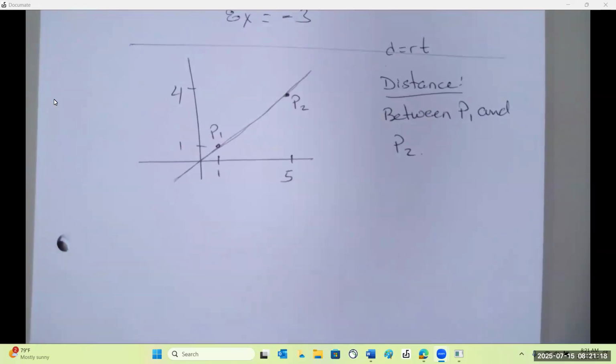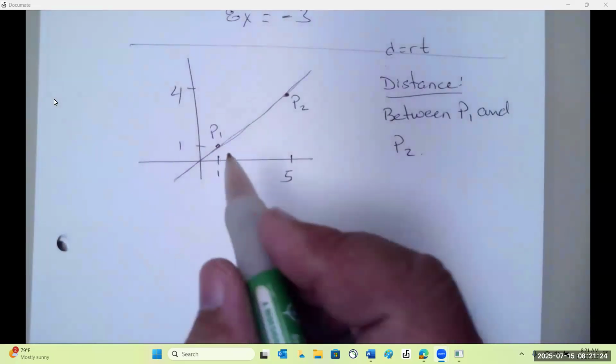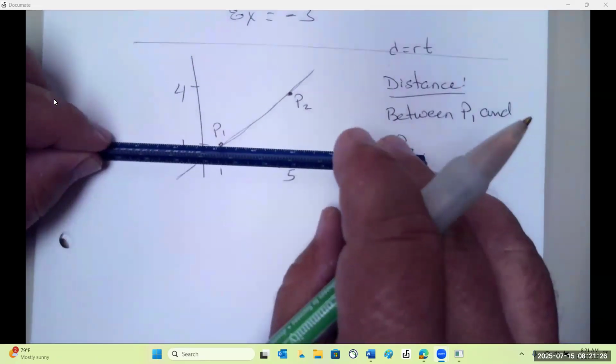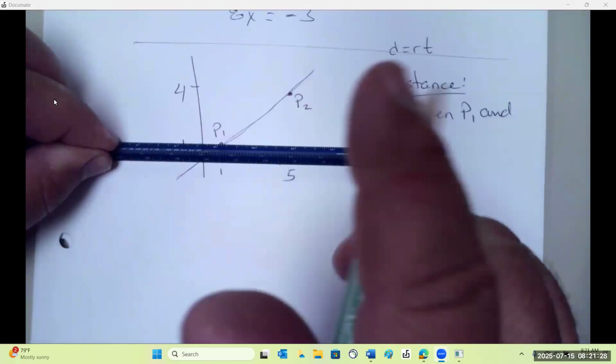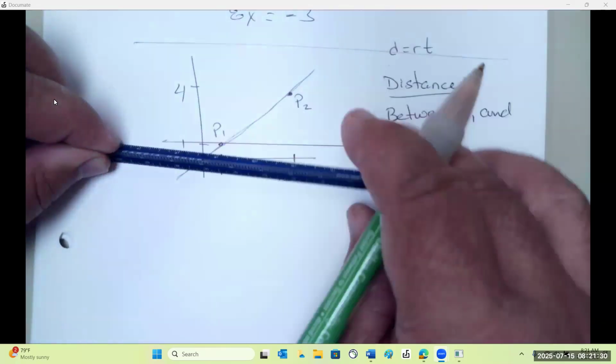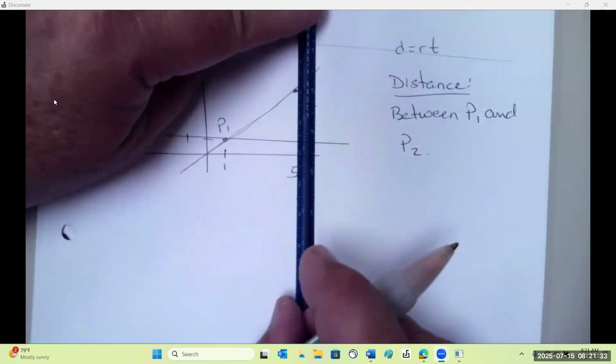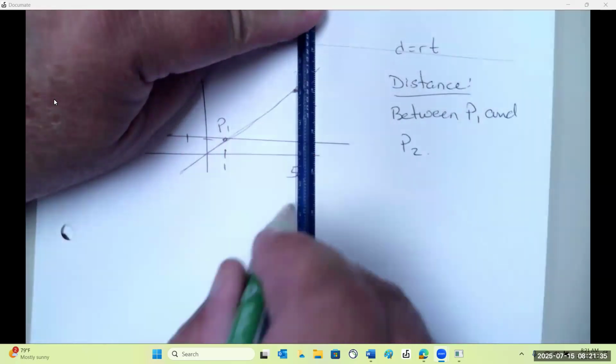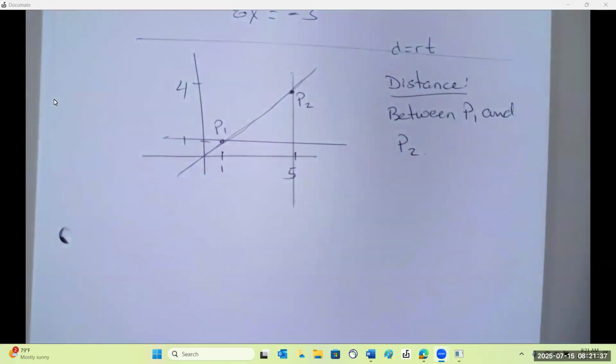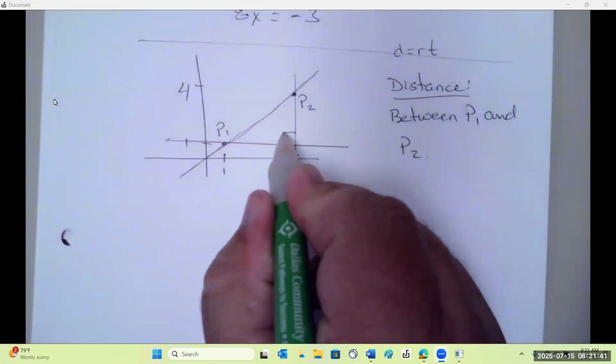That's for moving objects. But we do know this. If we took this graph and made a horizontal line through that one and a vertical line through this one, what have we just created? A right triangle.